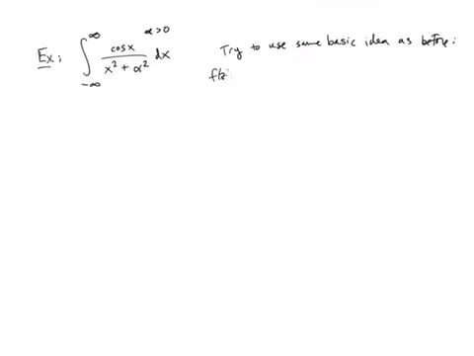We can try to take f of z to be cosine of z over z squared plus alpha squared, and we can take gamma to go like this around there in our plane. We see our only troublesome point is going to be when z is equal to i times alpha. So we'll have our singular point at i alpha.